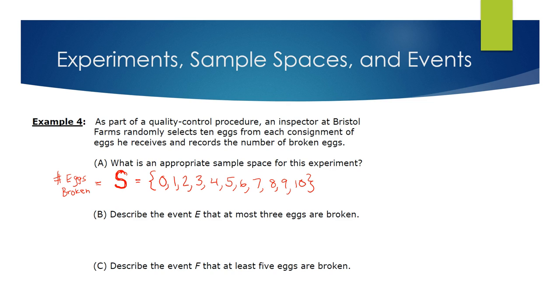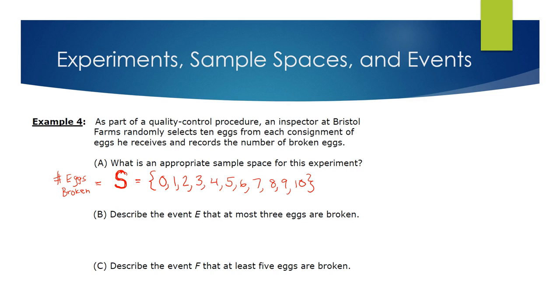I could have 0 eggs broken, 1 egg, 2 eggs, 3 eggs, and so on, up to 10 eggs broken. I can't have less than 0 eggs broken because I'd have negative eggs, which doesn't make any sense. And I certainly can't have 11 broken eggs out of 10, or any number bigger than 10, because it wouldn't make any sense. So this would be the sample space.